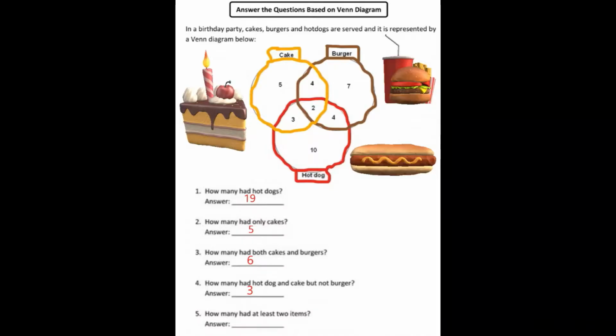So looking at who ate at least two items, we can see that four people ate a cake and a burger, and two people ate a cake, a burger, and a hot dog, which makes it six.